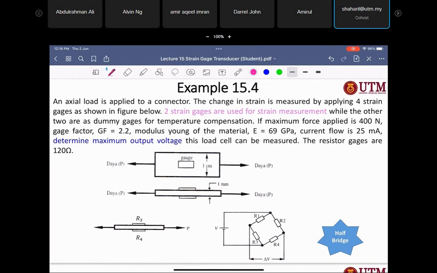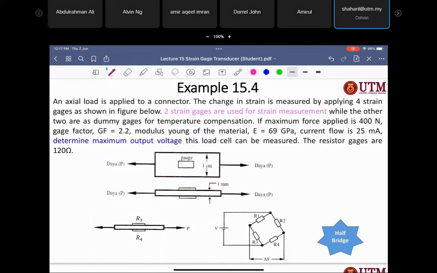So let's look at example 15.4. An axial load is applied to a connector. The change in strain is measured by applying four strain gauges as shown in the figure below. But we need to know which one is active and which one is dummy.